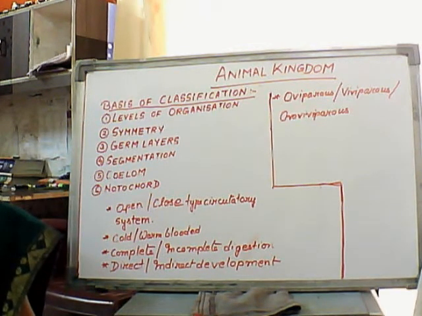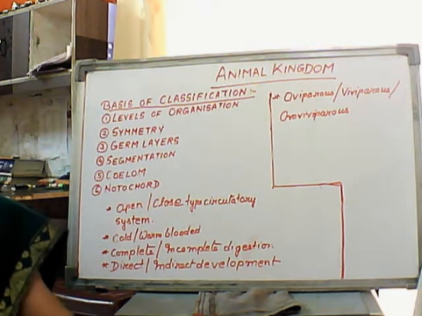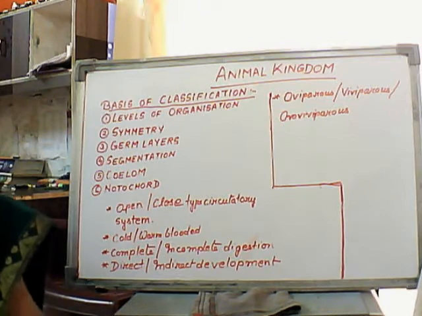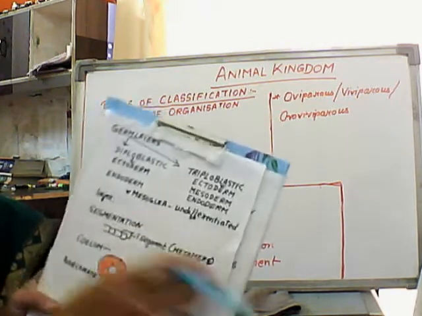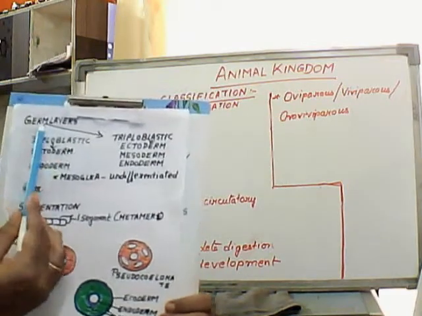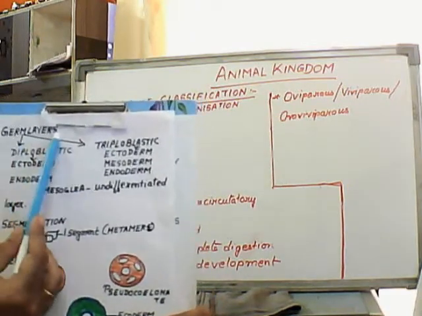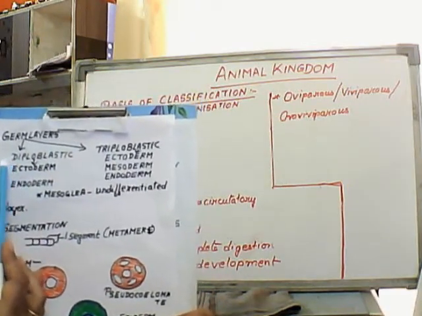Different developments of the various organs take place. So accordingly, some organisms have only two germ layers.